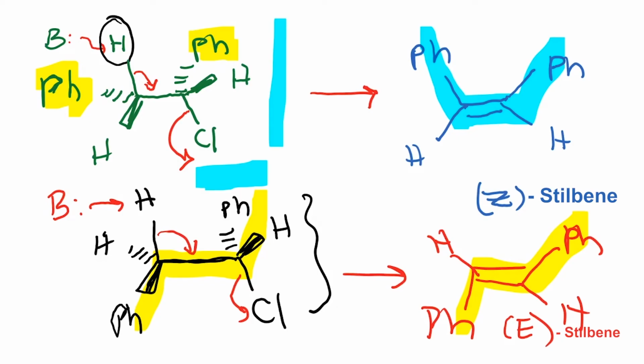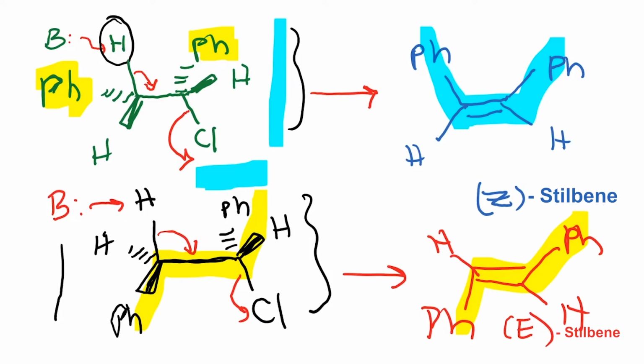So I'll repeat. It is very tempting for us to say that the E product is formed from this conformation. This conformation is going to have a higher population when compared with this conformation. That kind of explanation would certainly help us rationalize the result.